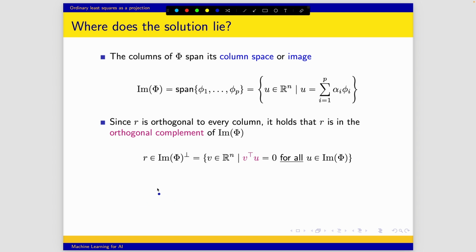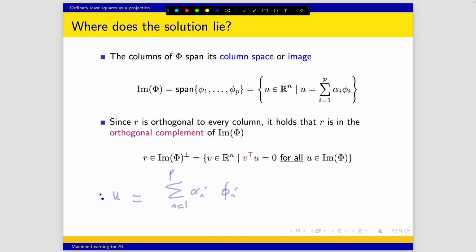A general vector in the column space is of this form: the sum from i equals 1 to p, a linear combination of these column vectors, phi i, right? So we can call this U. Any vector in the image space is a linear combination like this.